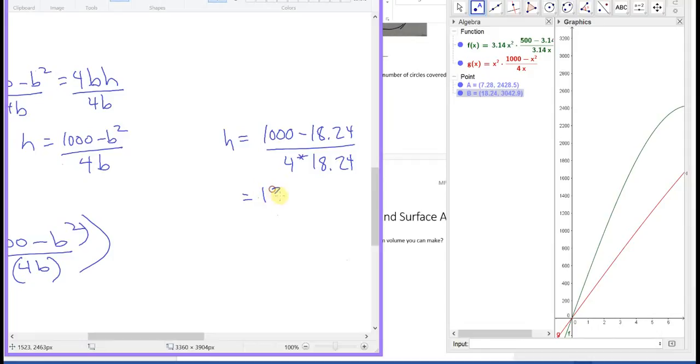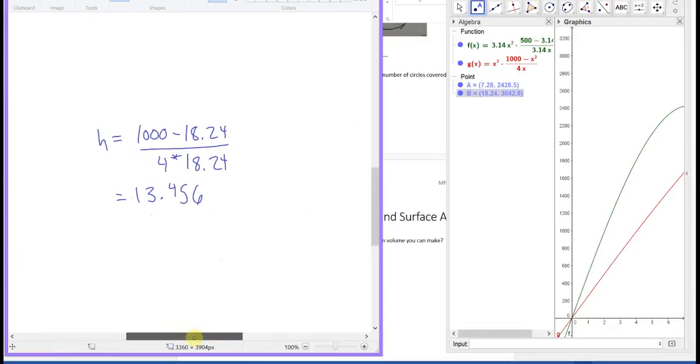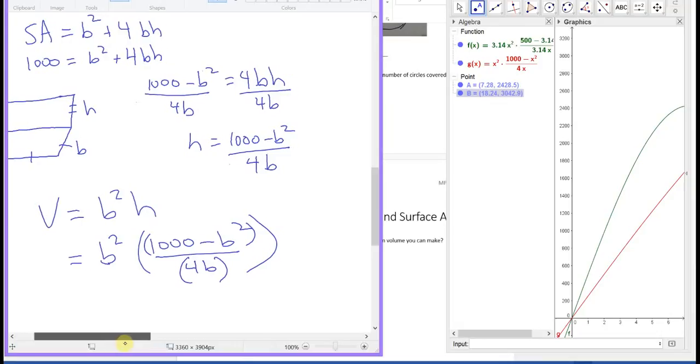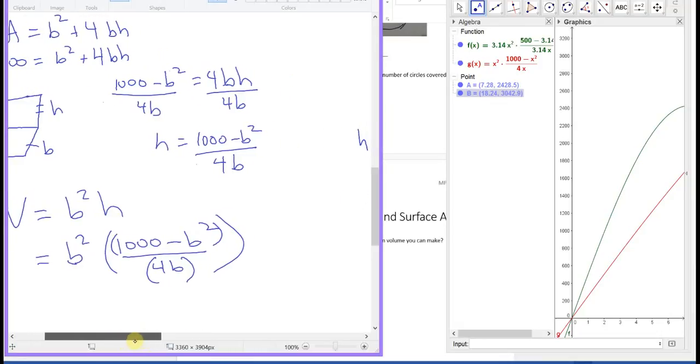For the height, I got 13.456. Okay, so they're pretty close. The base values and the height are pretty close. I was expecting a cube. I'm not sure why it didn't work out to be a cube. It's usually a cube. I'll have to come back to this. Maybe I made a little typo.